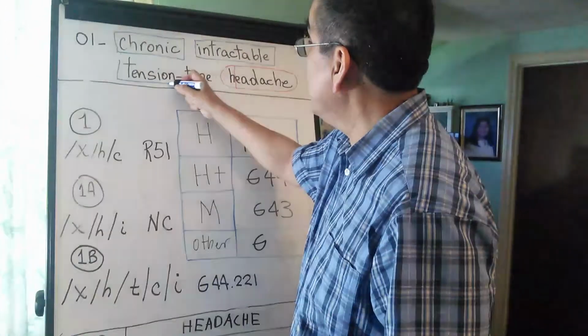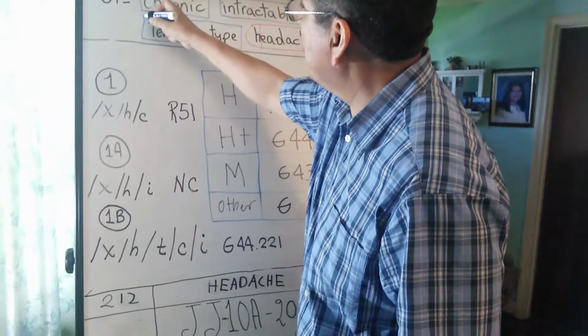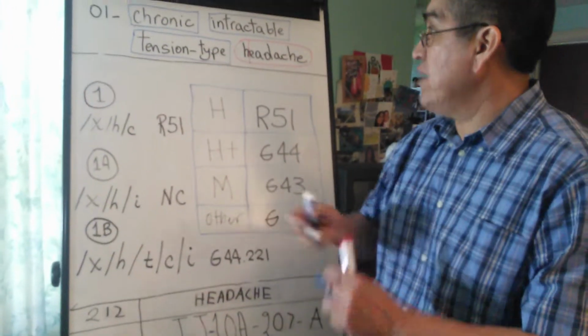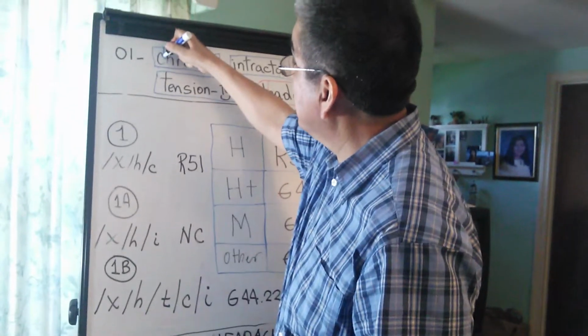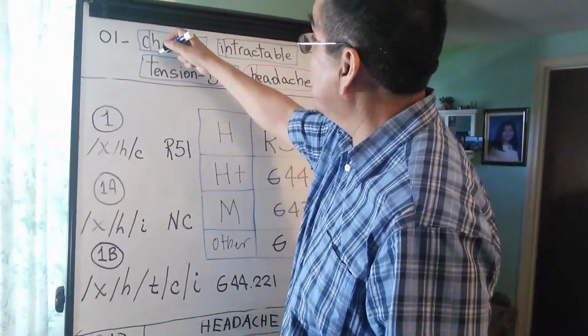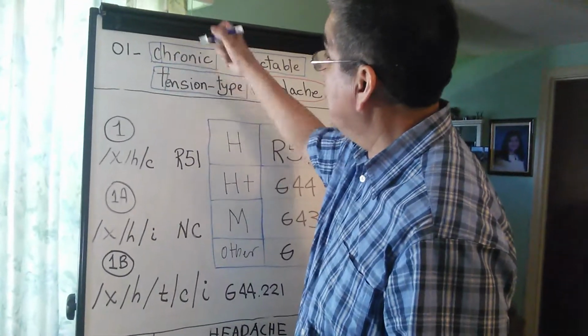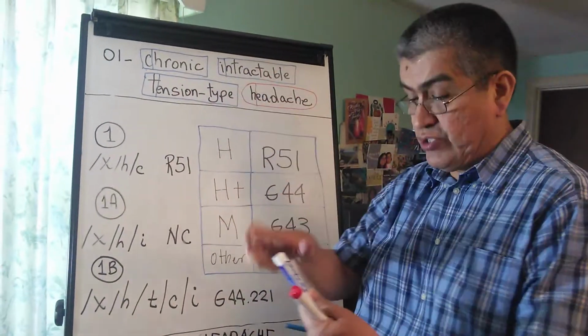We have those 3 keywords that modify headache. We're also going to isolate the first letters, C, I, and T, to identify them in the path. So it's a headache that is chronic, intractable, and tension type.